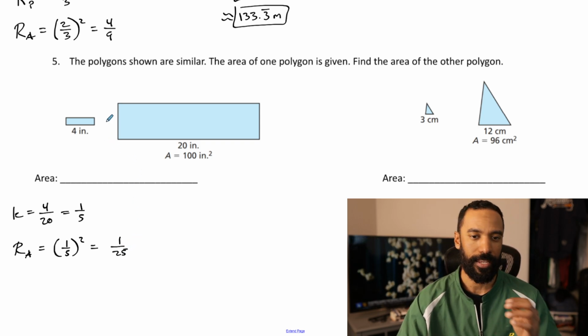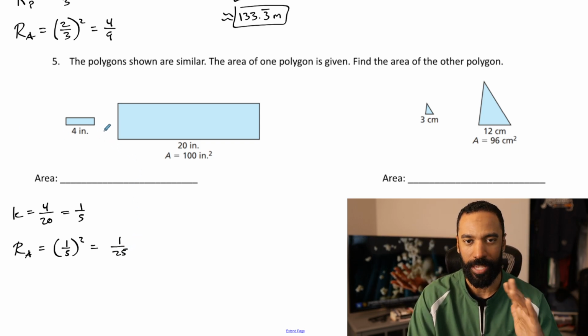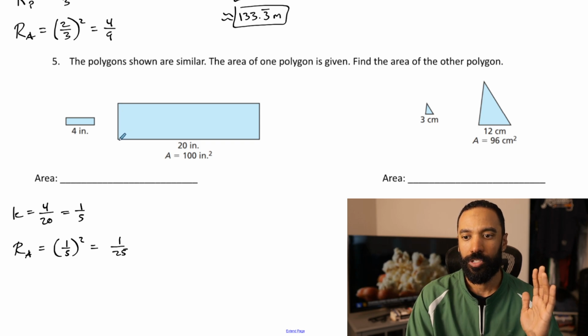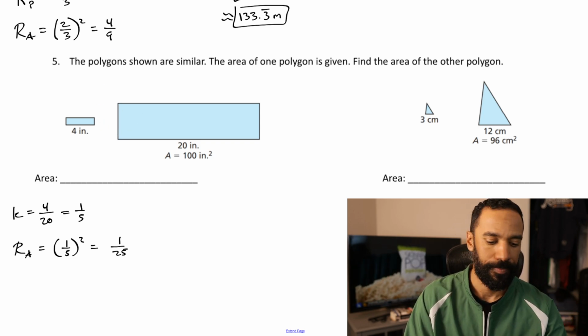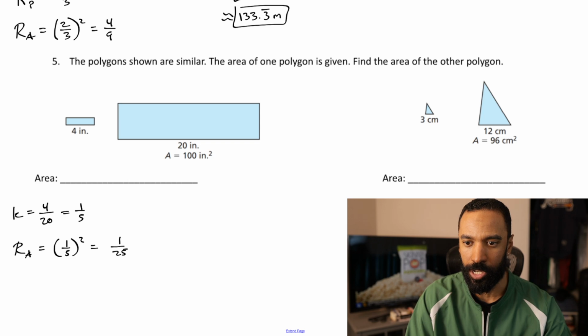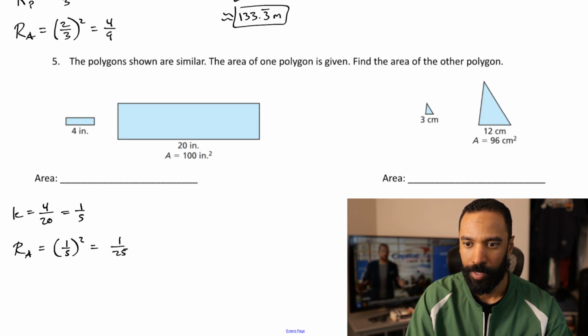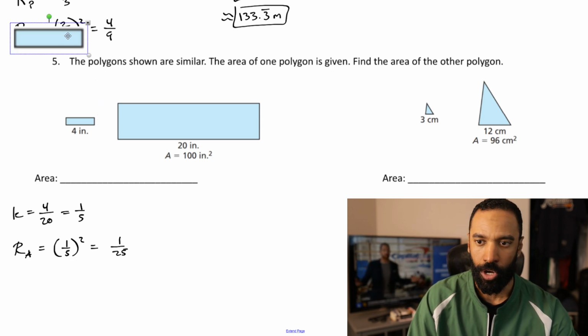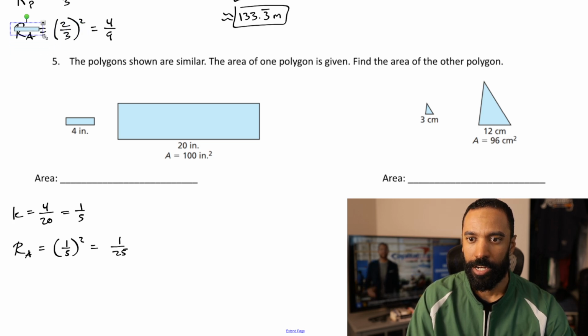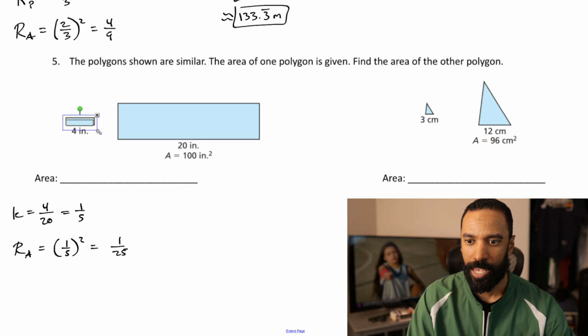And here's the thing, right? I think it's important to say why this happens. I mentioned the 2 dimensions thing. We're taking these lengths, and that 1/5 aspect says that each length is 1/5 the size of the other one.